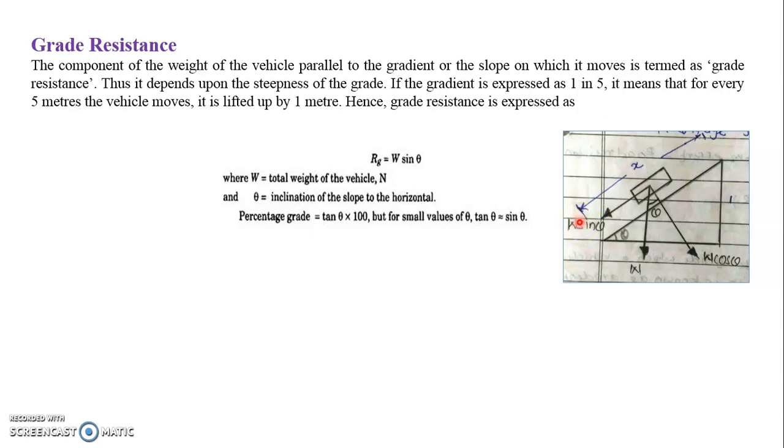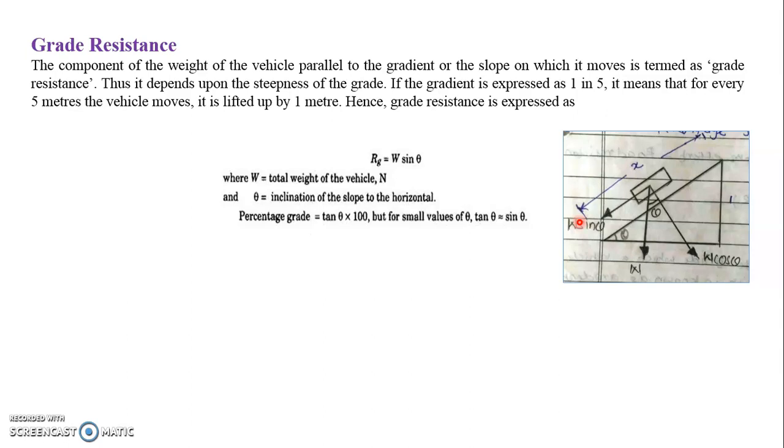This grade resistance mainly depends upon the slope, the steepness of the grade. If the gradient is expressed as 1 in 5, it means that for every 5 meters the vehicle moves, it is lifted by 1 meter.